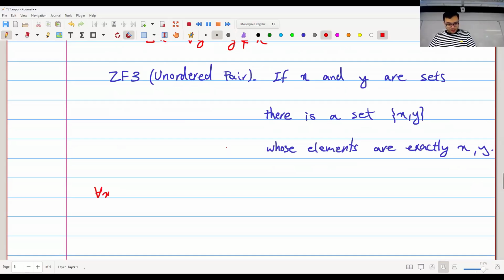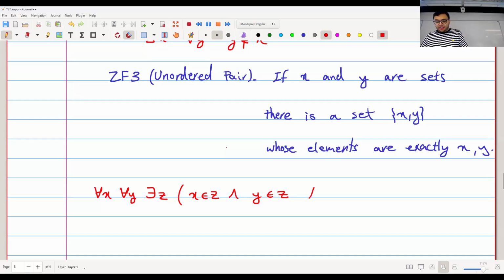I would say for every x and for every y, there exists some set z such that, well, I want to say that this z has exactly x and y as its elements. So I want to say that x is in z and y is in z. But I also want to say that it doesn't have any other elements.